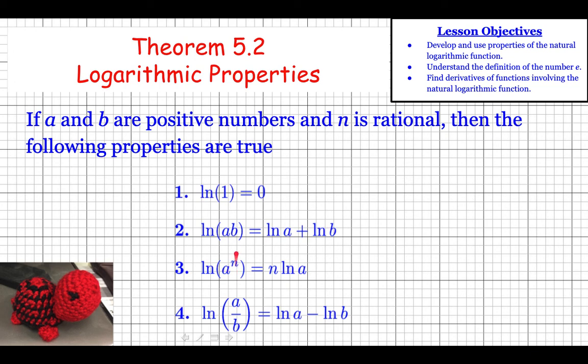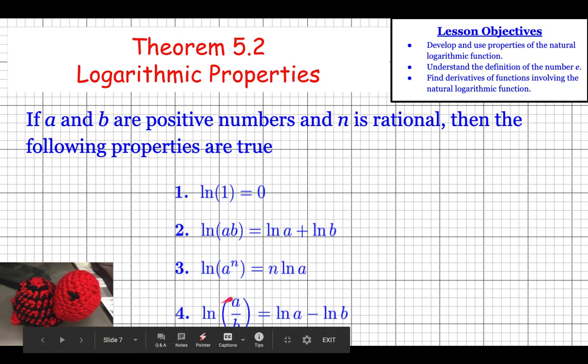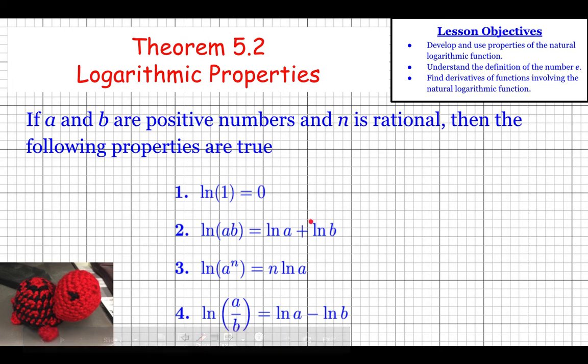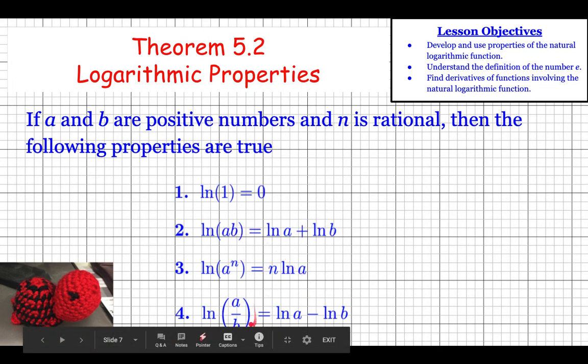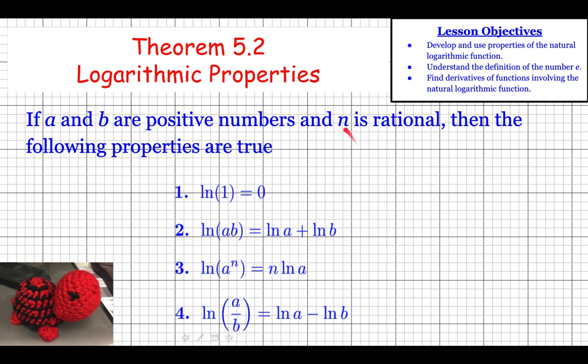The natural log of a to the n is n times the natural log of a. And the natural log of a over b equals the natural log of a minus the natural log of b. So when we multiply, we add; when we divide, we subtract; do the opposite. It makes sense. But again, on all of these, a and b have to both be positive. N has to be a rational number.